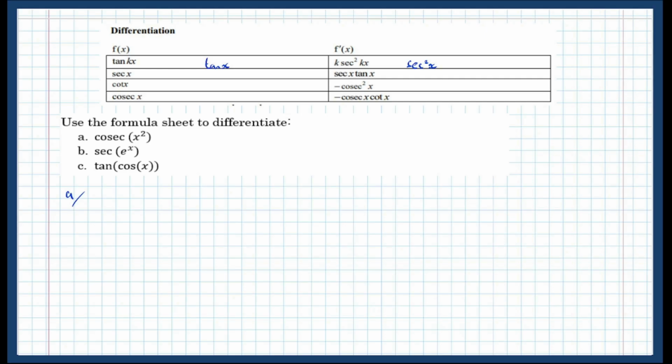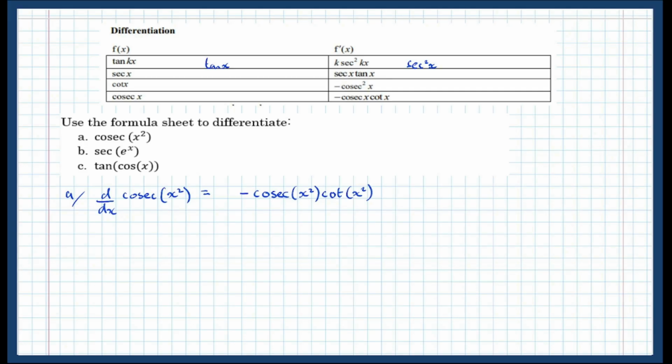So we can see that cosec of x differentiates to minus cosec x cot x, but it's x squared that we're differentiating. So d dx of cosec of x squared, well, it becomes minus cosec of whatever's in the bracket, cot of whatever's in the bracket.